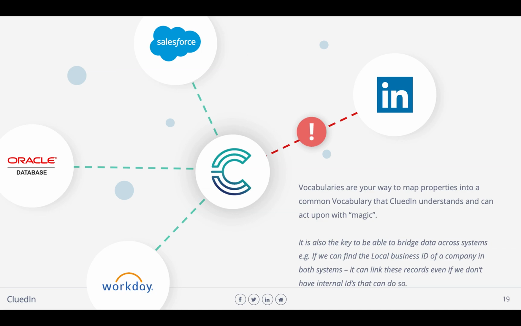However, if we were able to enrich that record in Salesforce, look up the local business registry and find the business ID, and then did the same over in the Oracle system, as long as we map that into the core vocabulary for the local business ID, Clued can then create entity codes out of that, or unique codes. And as we saw before, unique codes are your ways to be able to bridge data across systems or even within the same system.